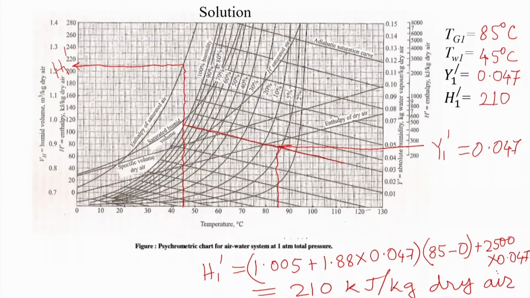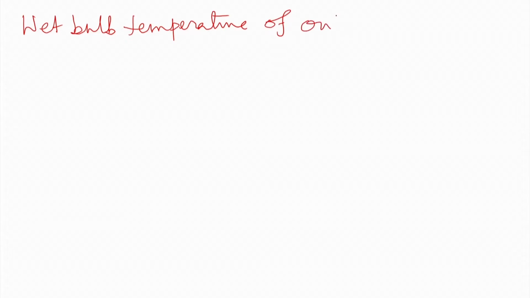So now we have all the conditions of the air entering from the bottom of the dehumidification tower. But we note that the wet bulb temperature of the outlet air, given in the problem, is 30 degrees Celsius.